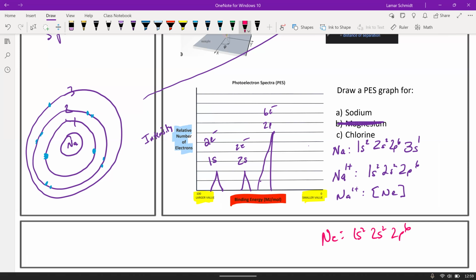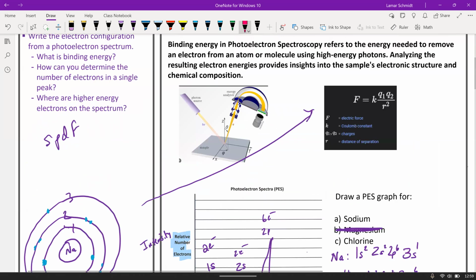But if we look at our periodic table, we notice that neon has 10 protons, whereas sodium ion has what? 11. Now we're dealing with this numerator, right? So we have more protons and the same amount of electrons. So if we have more protons with the sodium ion, what does that mean? The force of attraction is going to be greater, and the binding energy for the sodium ion would be greater than the binding energy of neon.